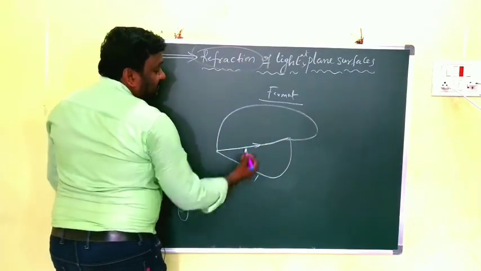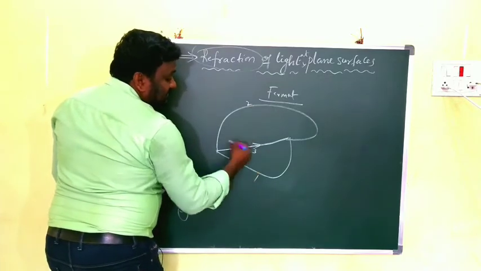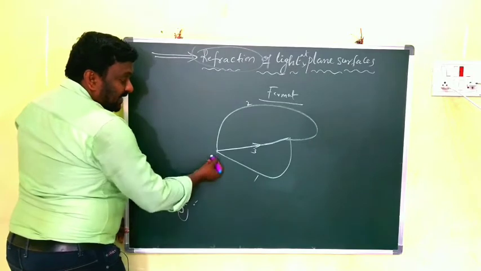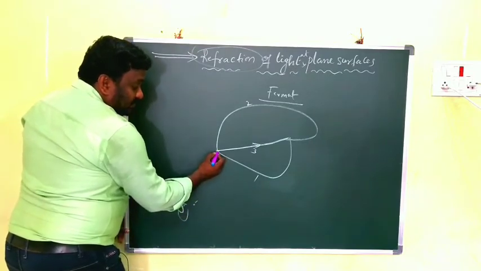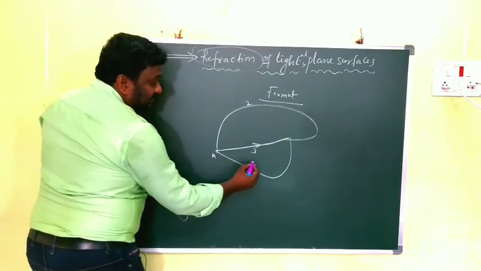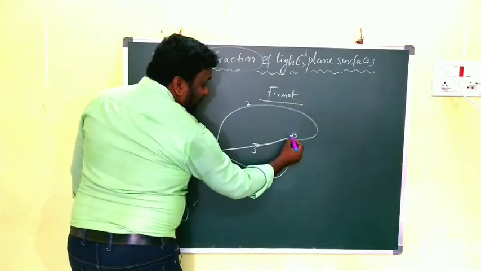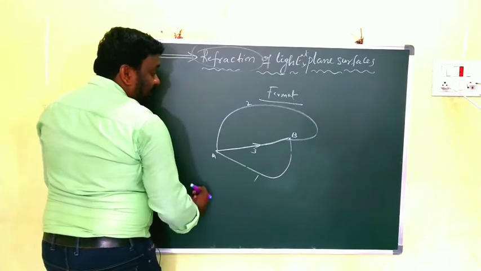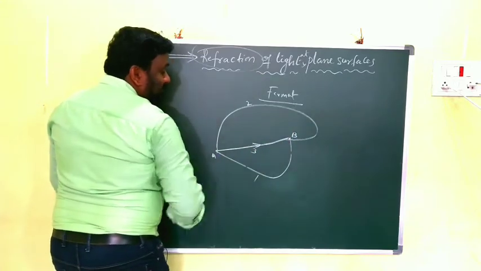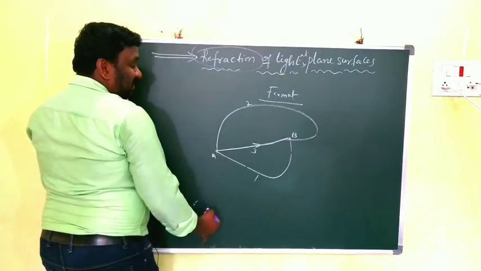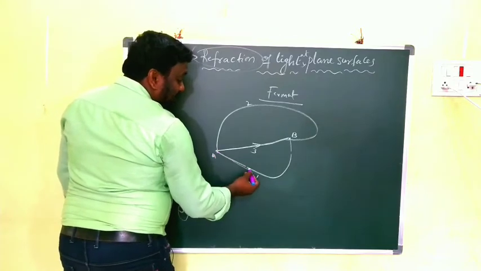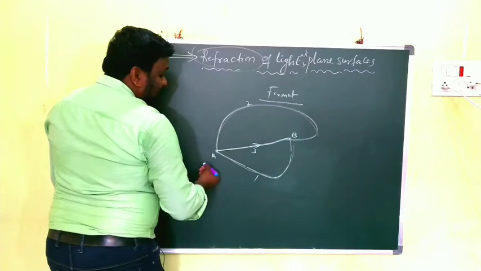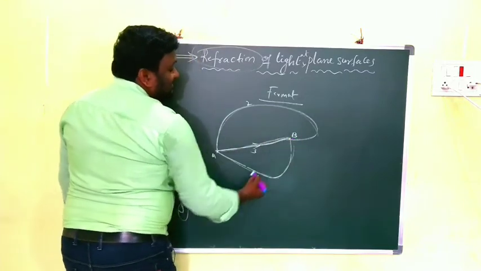This is the first path, this is the second path and this is the third path. Here the first point is A and the second point is B. Now the light wants to go from A to B. Imagine that this is one path of the light ray, this is another path, and this is another path.